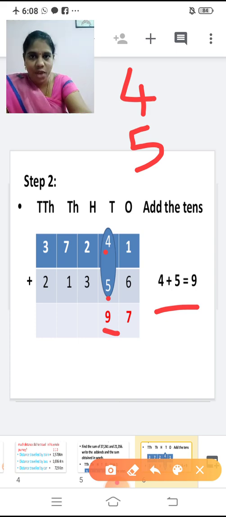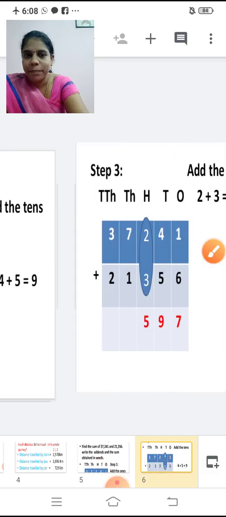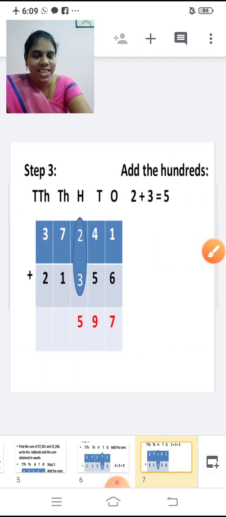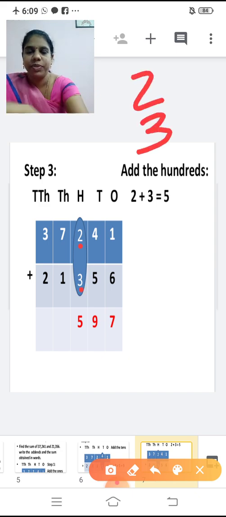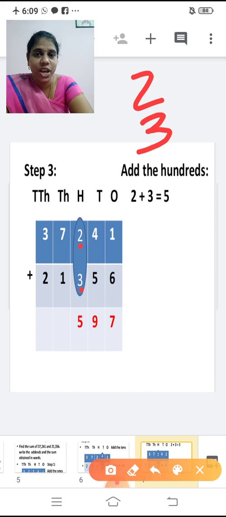First we added the ones place, then the tens place, then we'll move on to the hundreds place. Shall we add the hundreds place now? What are the digits in the hundreds place? 2, 3. Add 2 and 3 and tell me the answer. Keep 2 in mind.